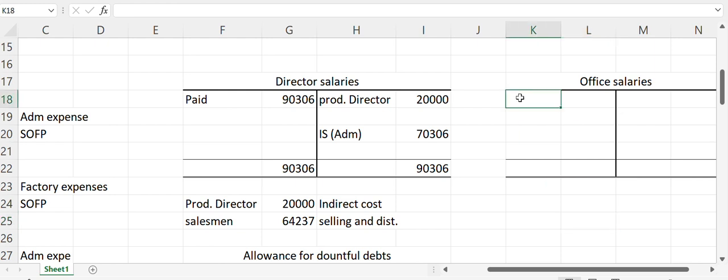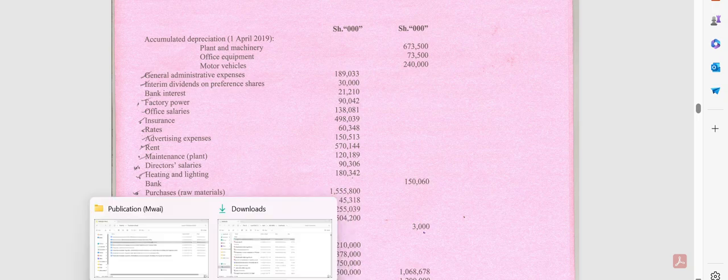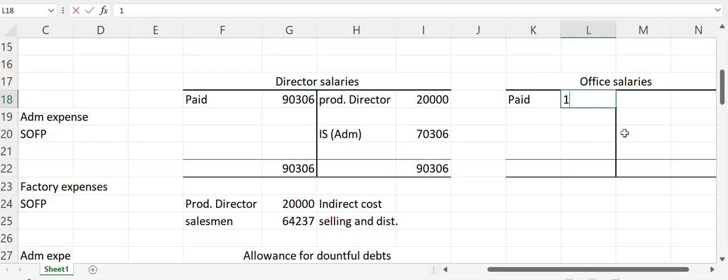The paid value here for office salaries was 138,081.